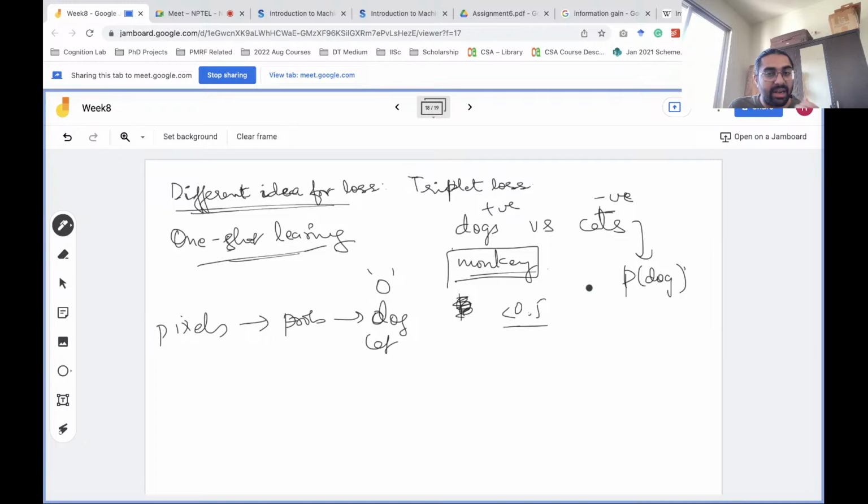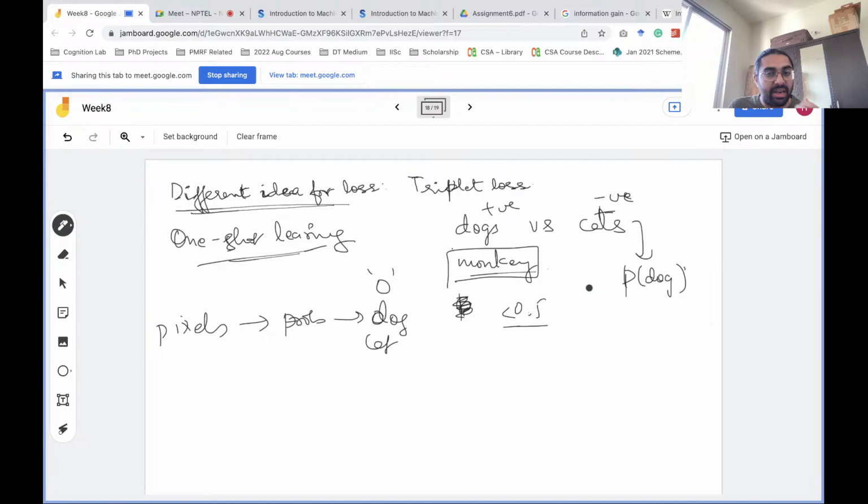So the idea of one-shot learning was, can I do something like this? Actually, let me just remove the slide. Can I build something which says that any input belongs to a given class, let's say the positive class, or it says negative class, or it says that it is neither, right?